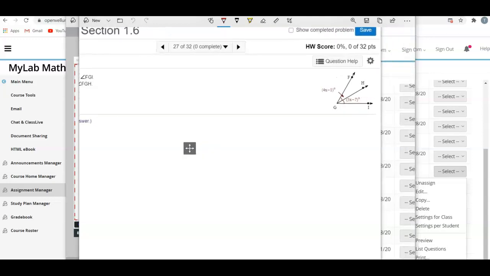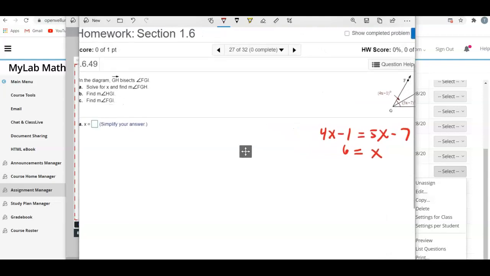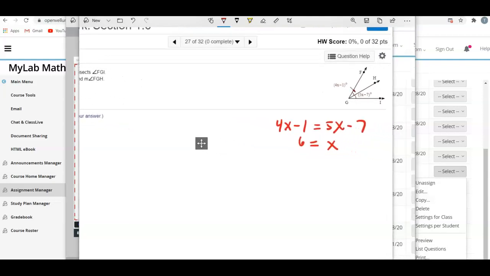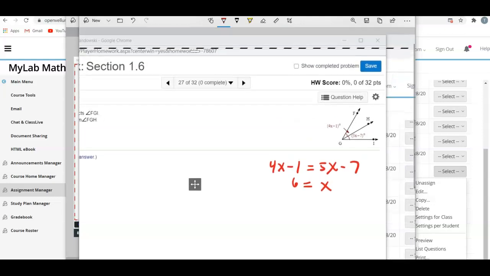So basically that would be telling you 4x minus 1 equals 5x minus 7. So you just set those two equal, and you should end up with x is 6. And then from there you can figure out the actual measure of each angle. Just put the 6 in for x there and down there. Okay, so that's how you would do something like that, as long as you know that it bisects.